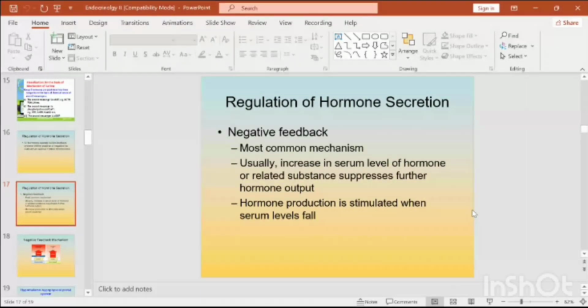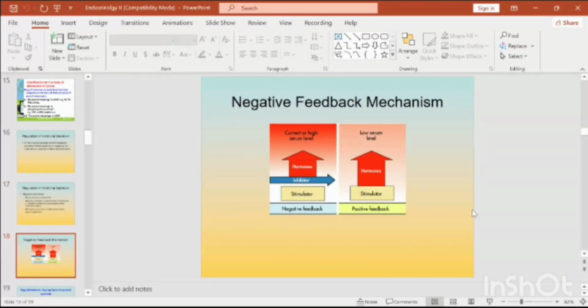That is an example of a negative feedback system, where the amount or concentration of the hormone released depends upon the substance that the hormone regulates. And in this example, the sugar or glucose concentration in blood is the substance in control.